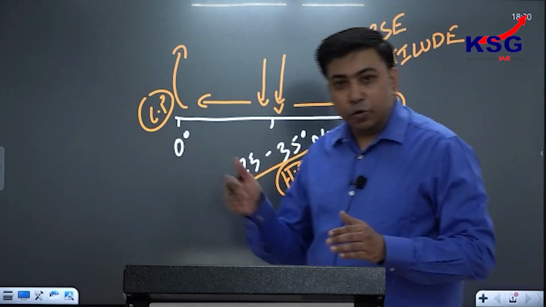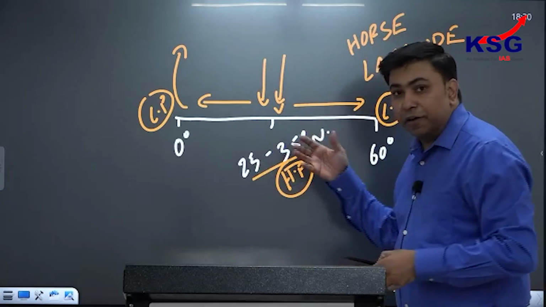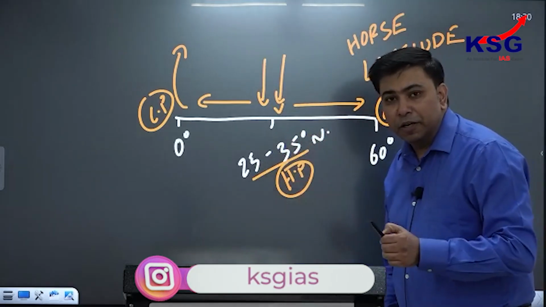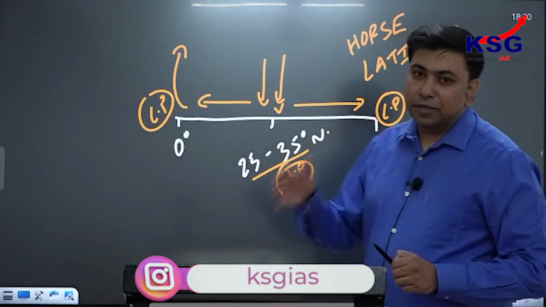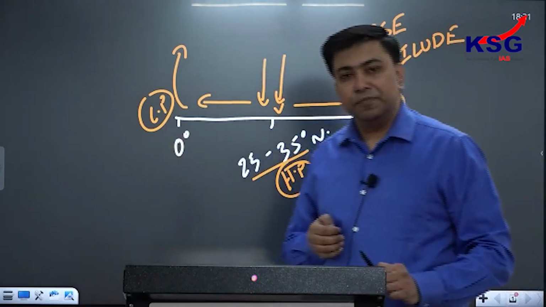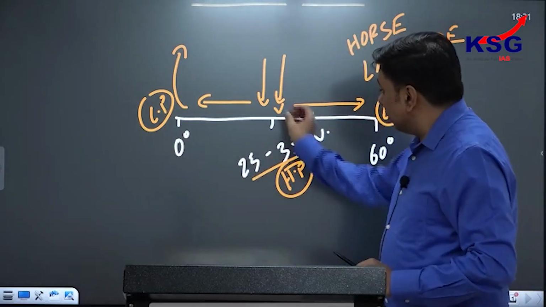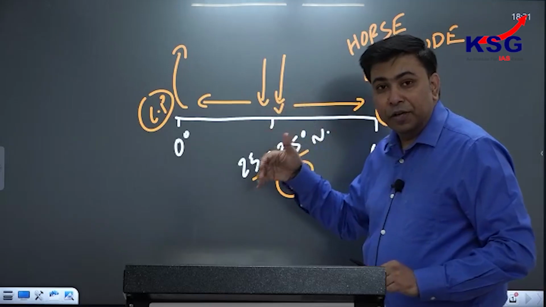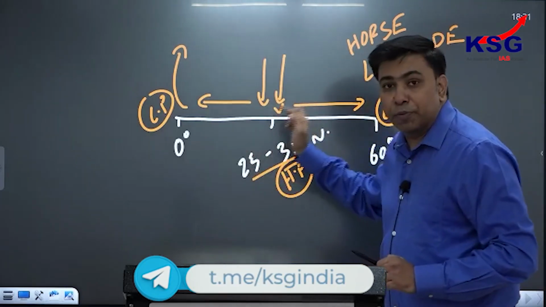Agree? So these latitudes that prevail between 25 to 35 degree north, northern hemisphere mainly, are called what? Horse latitude. The symbolic name of horse is given because of some reason I will discuss in the coming time, after 2 minutes. But I hope you understand the concept. The concept is when the winds are diverging, the volume of the air mass would be less and a vacuum type of condition would also develop over subtropical area.